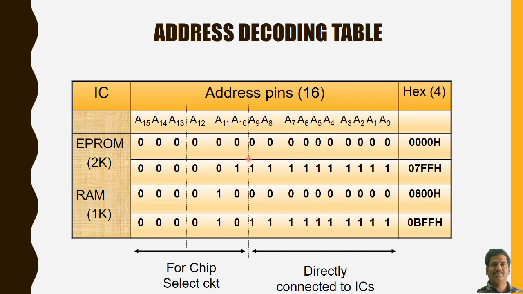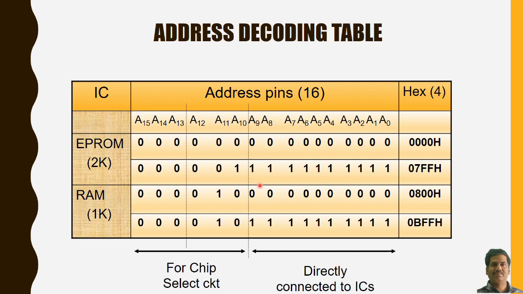In the second case, the RAM address range is from A0 to A9, so 00000 to 11111.